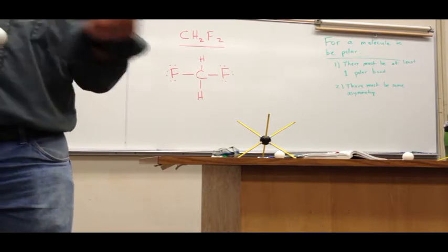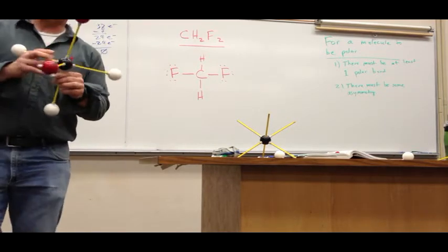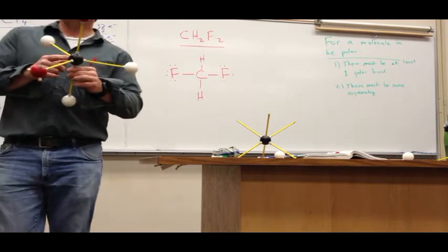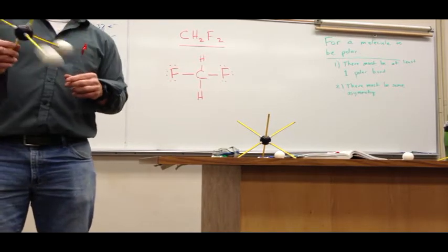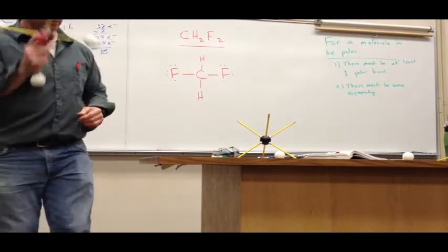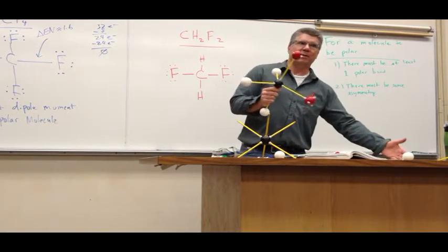So that would be a polar molecule. By the way, those are different compounds, called stereoisomers of each other. We're going to talk about that relationship in a minute. So it depends, right?